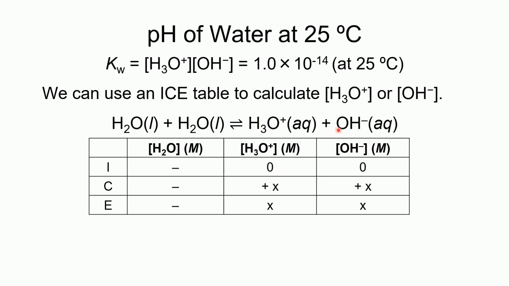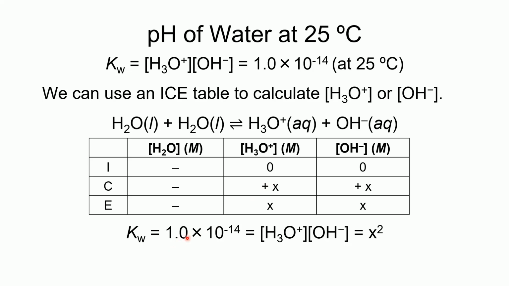Since the coefficient for both hydronium and hydroxide is 1, then the coefficient for X is going to be 1. And so 0 plus X is X, 0 plus X is X. We're going to put those values in the at equilibrium into the expression. So Kw is equal to this, 1.0 times 10 to the negative 14, which is equal to X squared.